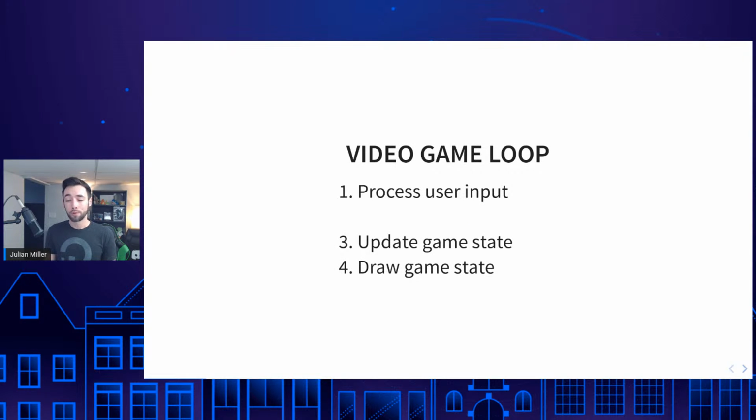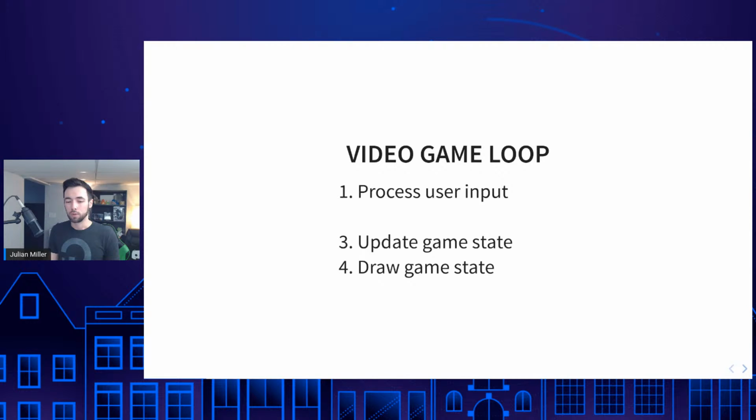So ignore for a second here that I skipped from 1 to 3. But just to summarize this video game loop, we process user input, update the game state, and then draw the game state to the screen. And this sequence of events happens over and over, typically 60 times per second, but sometimes it might be more, sometimes it might be less. And yeah, so that's essentially how video games work, in a nutshell anyway.